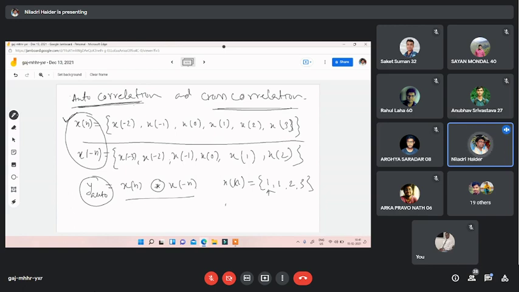So simply you will calculate x(-n). So positions 0, 1, 2, 3, that is the third position, so it will start from -3. So it will be 3, 2, 1, 1. That will be your 0th position. That is your x(-n).